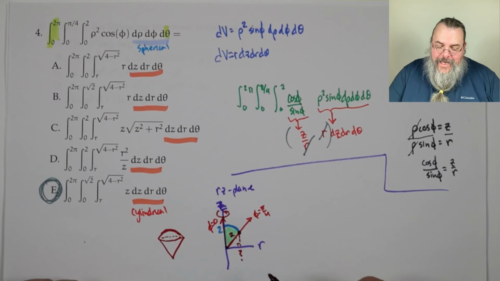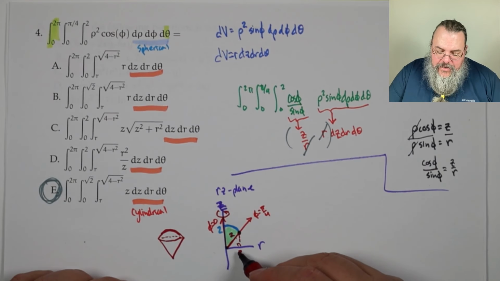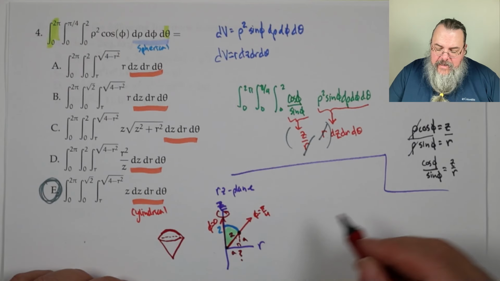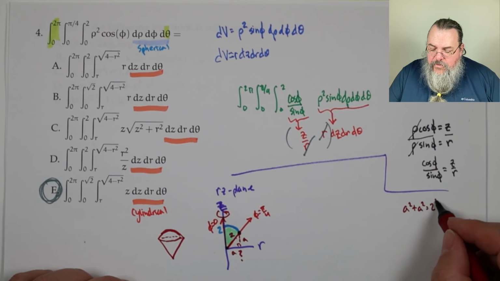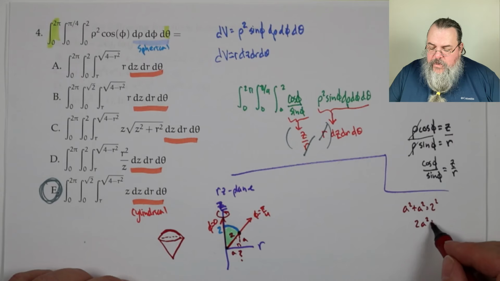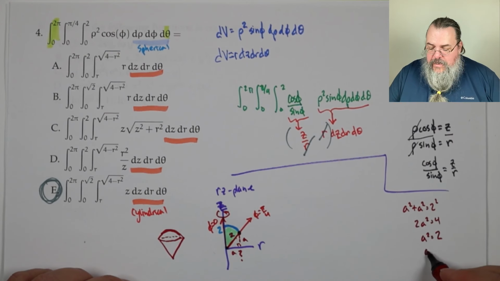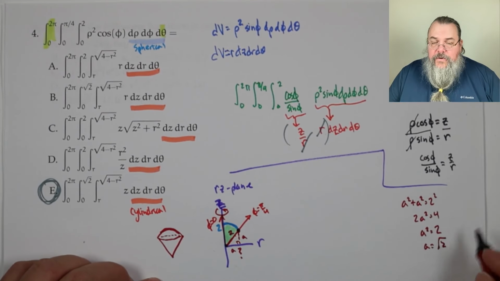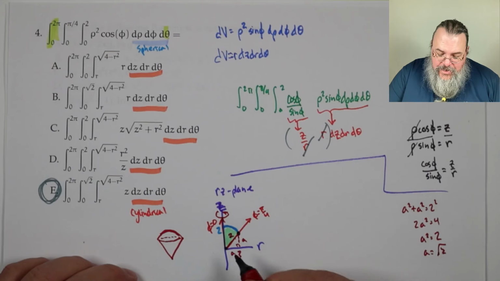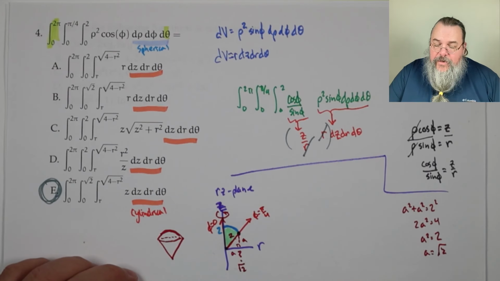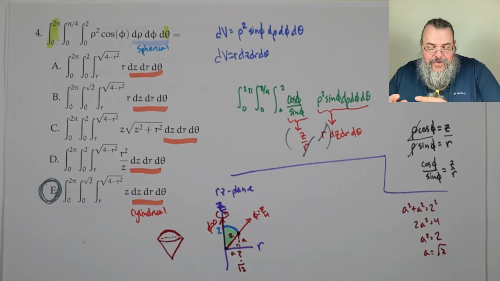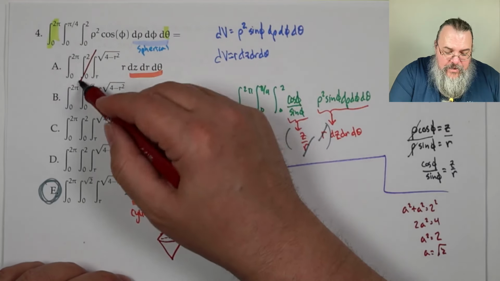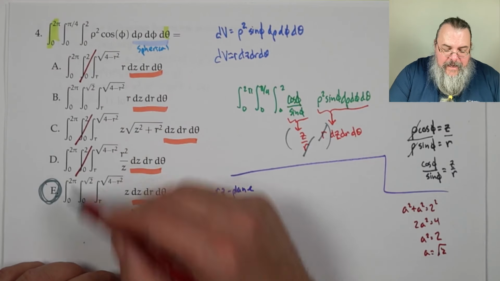Let's suppose we call this distance A. Then we have A squared plus A squared equals 2 squared, or 2A squared equals 4, or A squared equals 2. So A is the square root of 2. So this place is at square root of 2. So R should go from 0 to square root of 2, which knocks out this, this, and that.